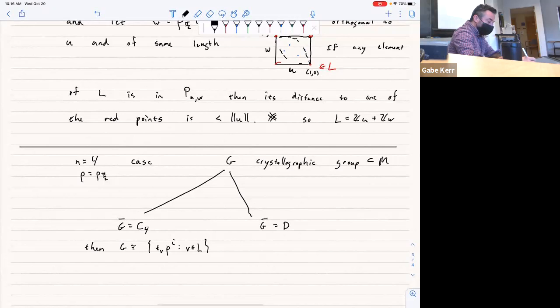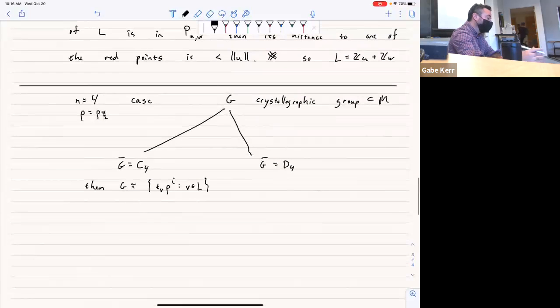On the other hand, if the point group is the dihedral group, then you have a couple of subcases up to isomorphism. One, you could have something very much like you did with C4. You can have G isomorphic to all of the elements that you would expect.